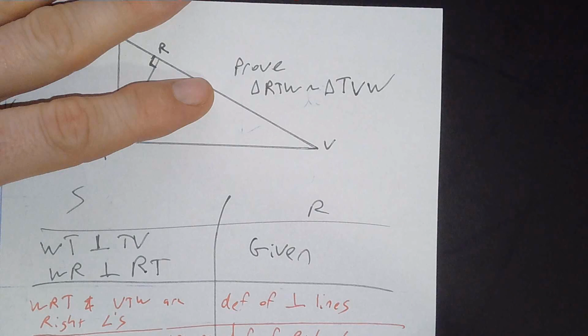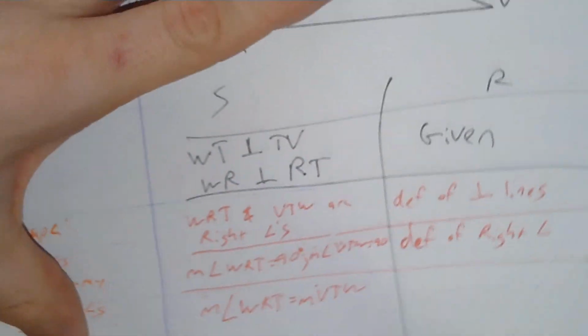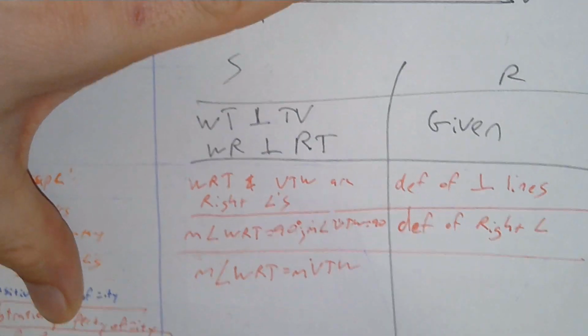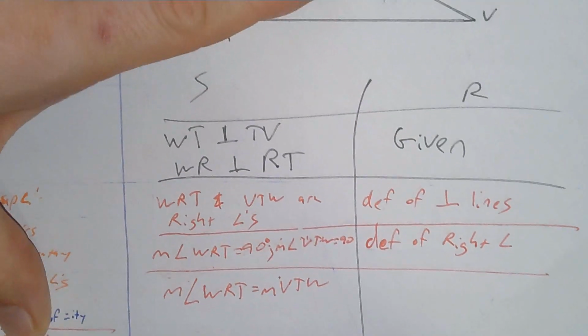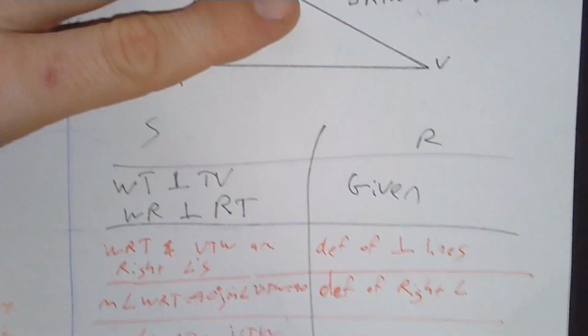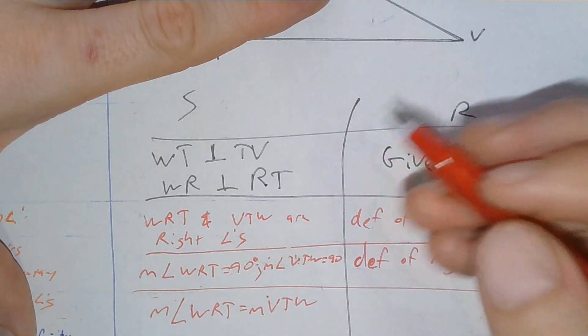Or I can actually even say that's the transitive property. Either way. Whoops, what happened? I knocked the thing out of the way. That's substitution or transitive. Either way you want to do it. So that could be your A, that could be your B, and that could be your C.